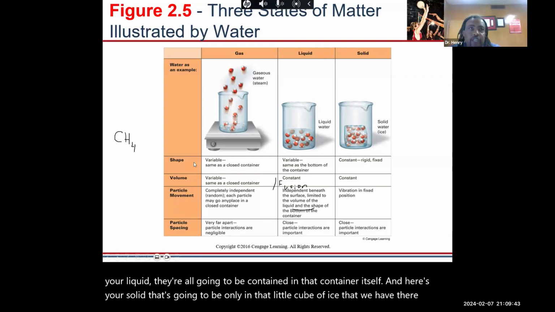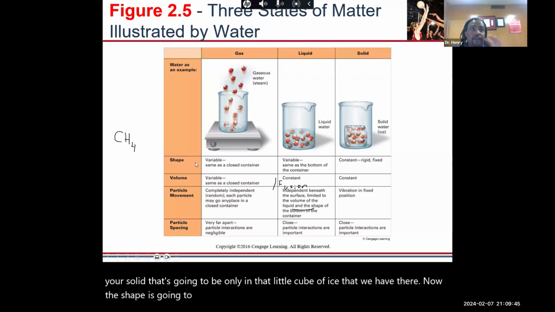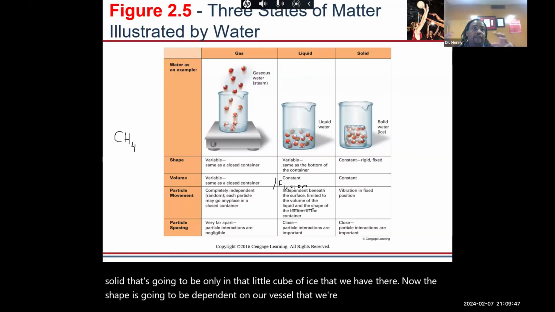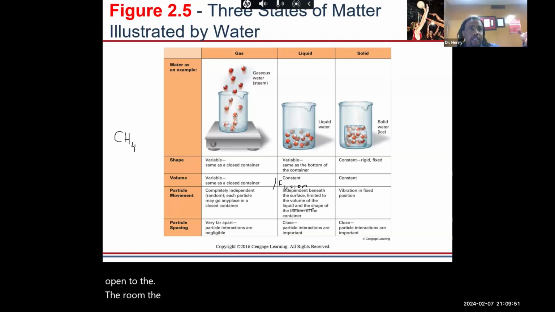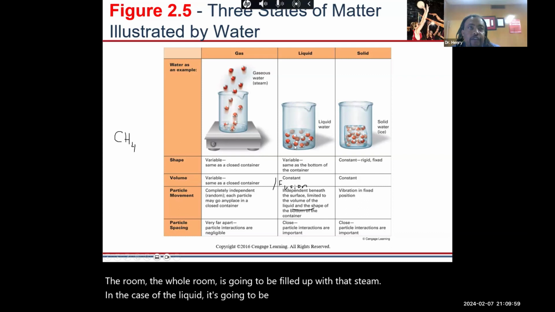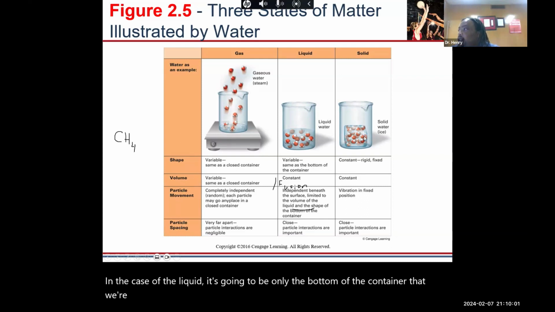Now, the shape is going to be dependent on the vessel that we're using. So if we have it open to the room, the whole room is going to be filled up with that steam. In the case of the liquid, it's going to be only the bottom of the container that we're in. And the solid, it's going to be rigid, right? So it's just going to be very fixed.